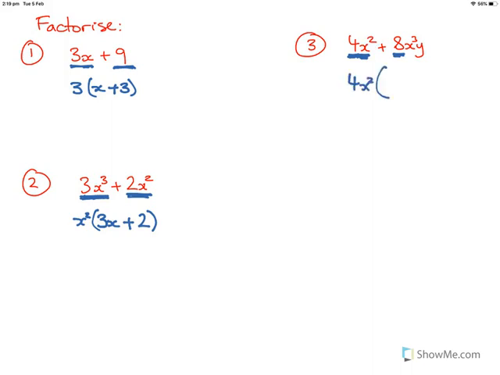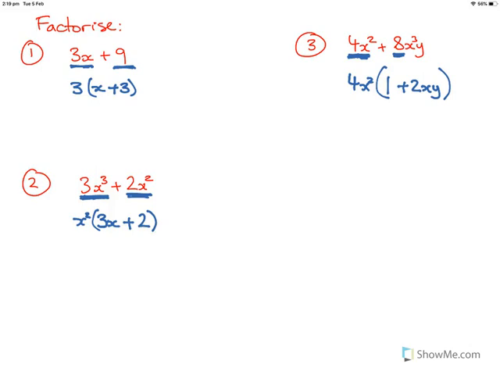Now because that's the whole term here, all I need to do is multiply it by 1, okay, and I'll get back to the other one. And then I'm going to go plus 4 times what equals 8? 2. How many more x's do we need? 1 more x, and there's a y randomly there, so I'm going to put that in, and I've factorised it. Okay, so these are pretty straightforward factorisations.